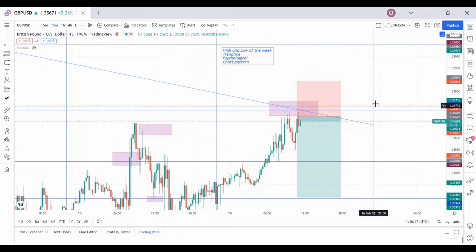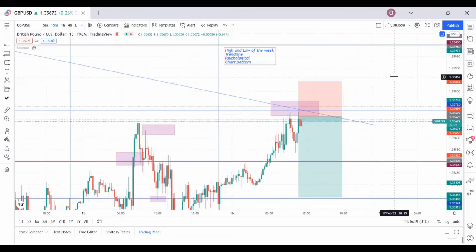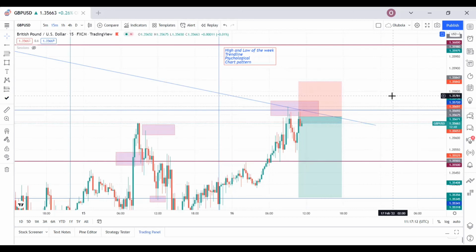Then after Tokyo, we have the LSE market, which is London. Then in between London and New York, we have the German market. Whatever we are trading in the market is appreciation and depreciation of one market section against another.